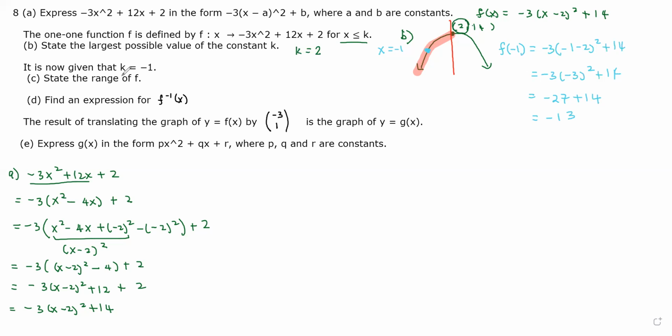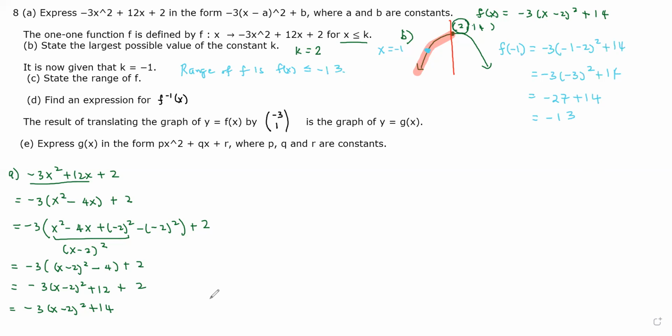Then the range of f is y less than or equal to negative 13. So we say that the range of f is f of x less than or equal to negative 13.